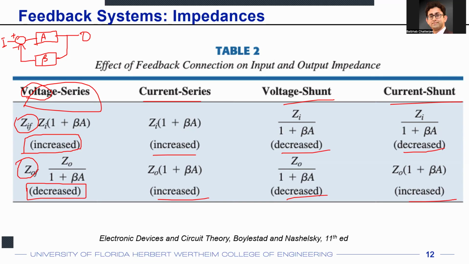Think about Ohm's law. Ohm's law says impedance is voltage over current. If you're taking away some amount of voltage from the output, your voltage over current is reducing at the output, right? Although that is not what actually happens, and you should be doing those KCL, KVL based calculations that we just did in the previous slide. This is a way to remember it: for a voltage series feedback, you're taking away some amount of voltage from the output, feeding it back to the input.